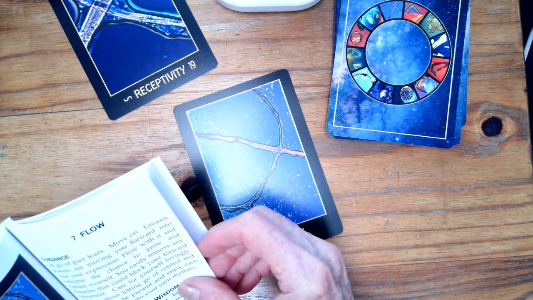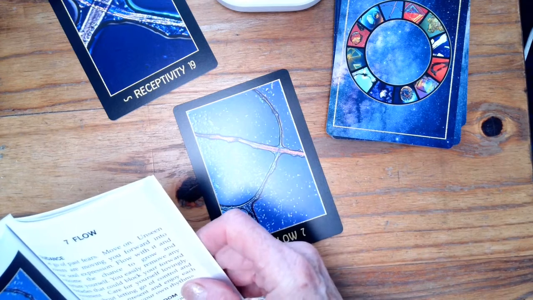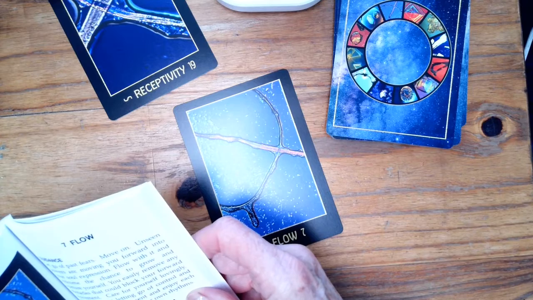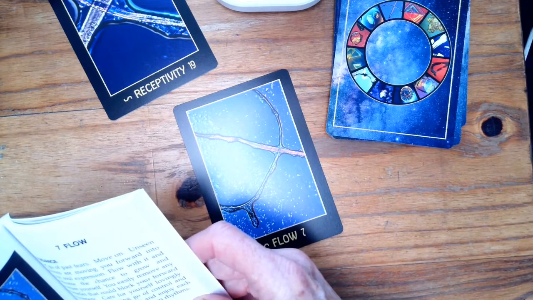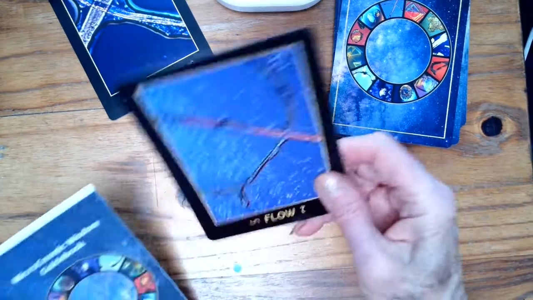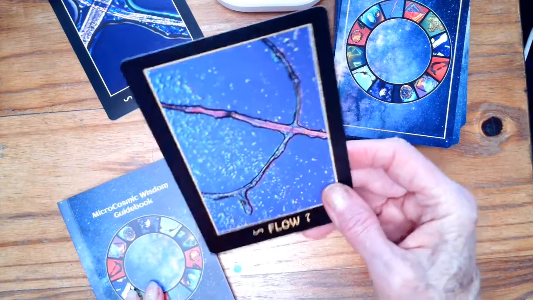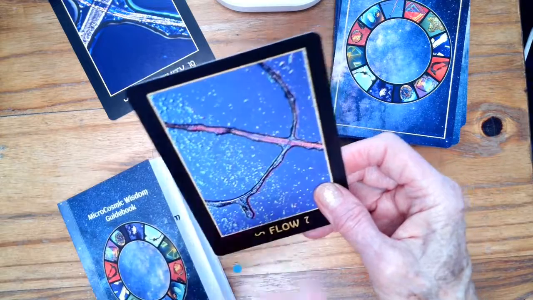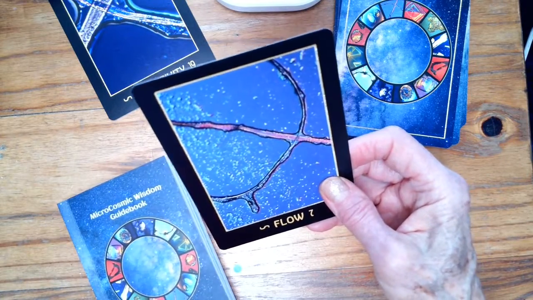Care for yourself lovingly. Flow is about letting go of control and resistance to be present and enjoy each moment. Tune into your own rhythms. So this is flow. It's the mineral for Cancer. It's a water mineral, calcium fluoride. It contributes to flexibility in our tissues.